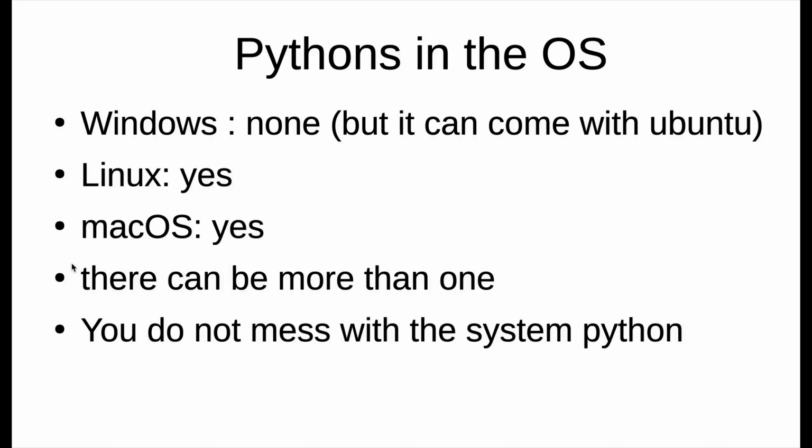And in older versions of the OS there were more than one version of Python. You don't touch those system Pythons, you don't mess with them, for many reasons. You have to install your own version.